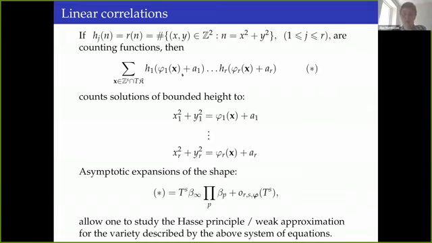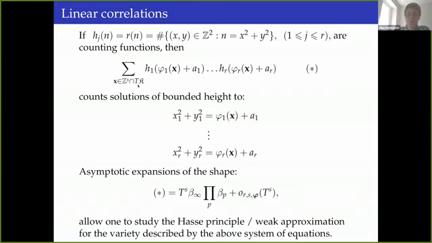For each of the arguments in this product, we count the number of solutions to such an equation. This product counts the number of solutions to the system of equations. And now the x variable here is restricted to lie inside the set t times K. And this means, since K is something fixed, we are essentially counting solutions to the system of equations, which are of height bounded in terms of t.